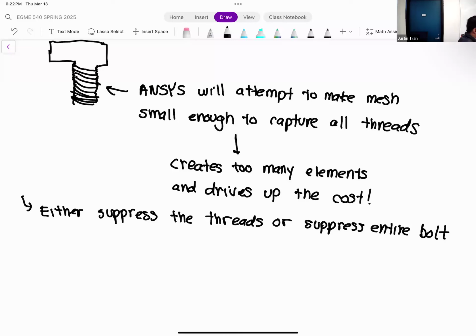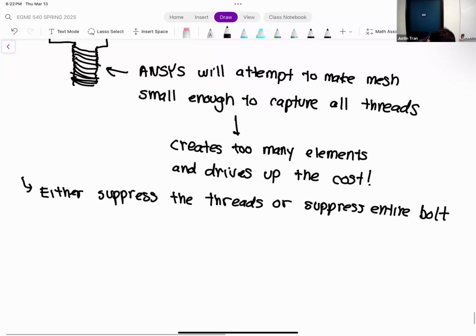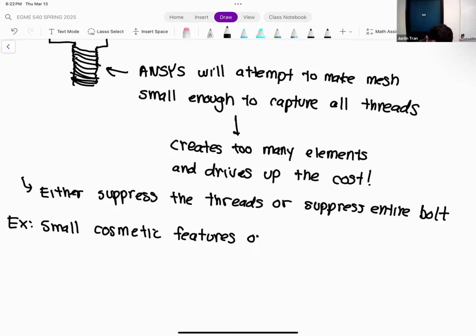Another common case for this is small, fine cosmetic features that might be on the exterior of your model.